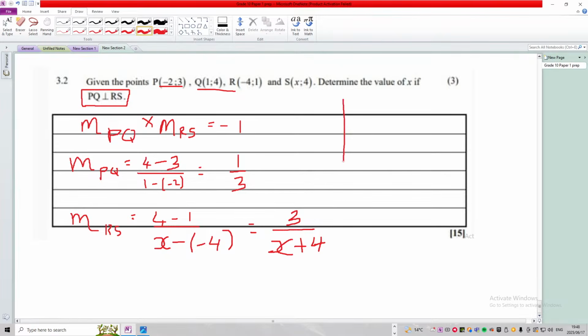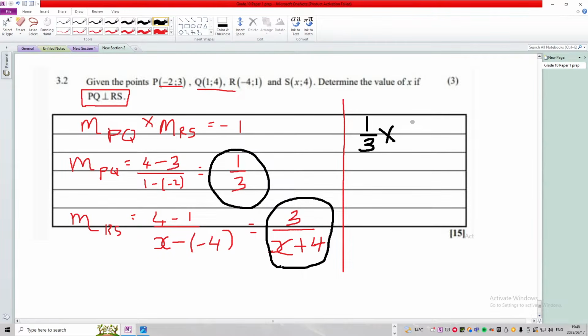Okay, so now I have the gradient RS and the gradient PQ. When I multiply them, they must equal -1 because those two lines are perpendicular. I now have an equation. So I have 1 over 3 multiplied by 3 over x plus 4 equals -1.